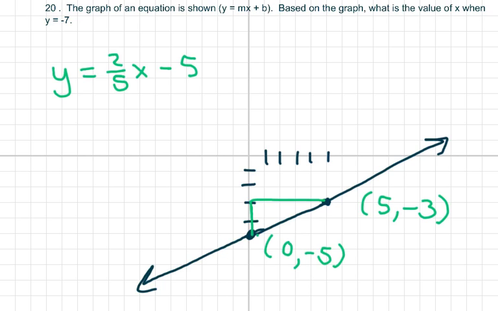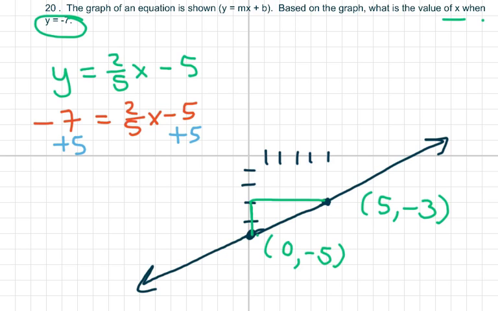They're asking what is x when y is negative 7. So all I'm going to do is substitute negative 7 in for y and then solve for x. I'm going to add 5 to both sides. When I do that, I get negative 2 equals 2/5 x.